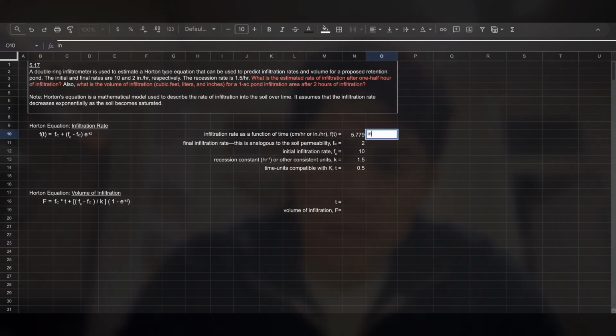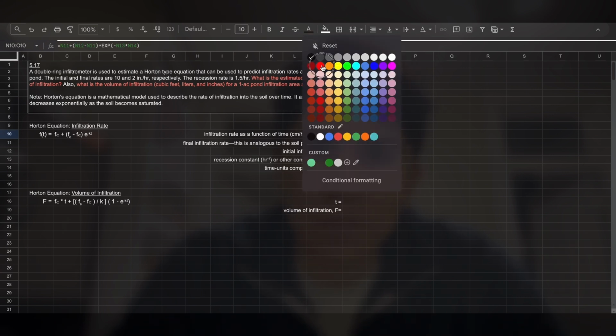So this is inches per hour. So this is the answer for the first question.